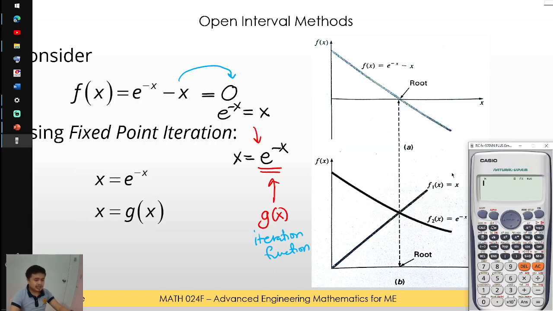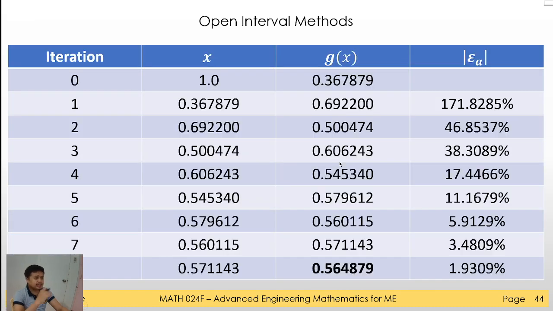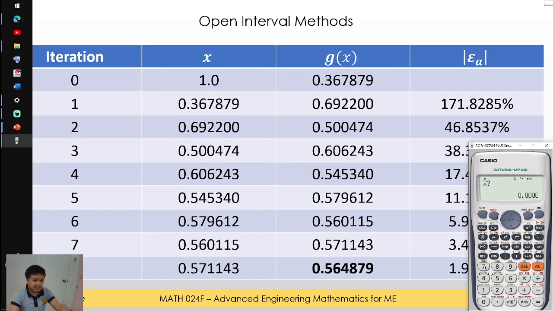So using our calculator, we have e raised to negative x, and then we substitute the initial value. Let's say our initial guess here is equal to 1, for example. So the new guess will become 0.36787.